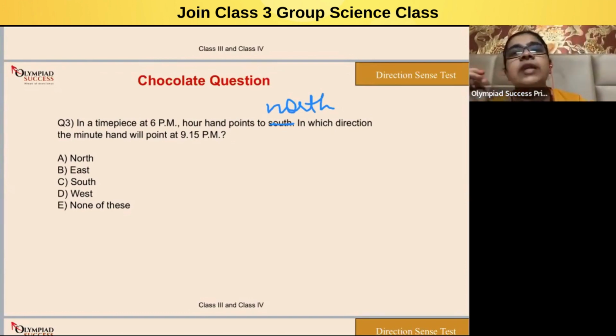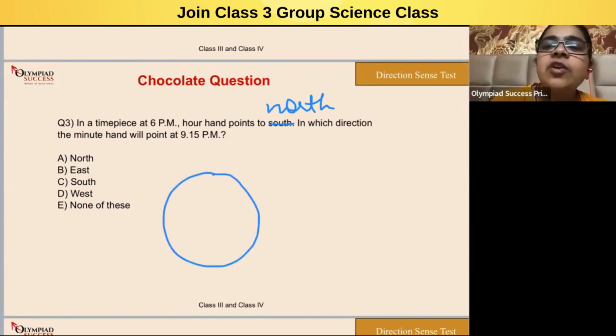I'm going to take up one more type of question, so please be fast. Shivansh, no. See, at 6 p.m. generally the clock points here, but in this question it's happening just the opposite. They are saying that the 6 is here and is pointing like this.